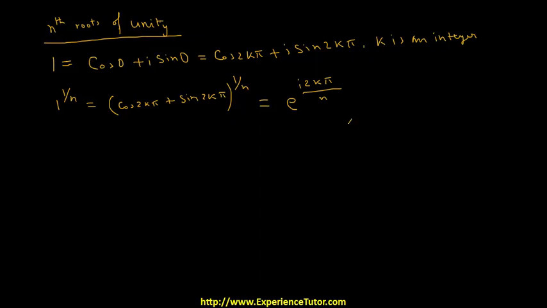Here k is equal to 0, 1, 2, dot dot dot n minus 1.